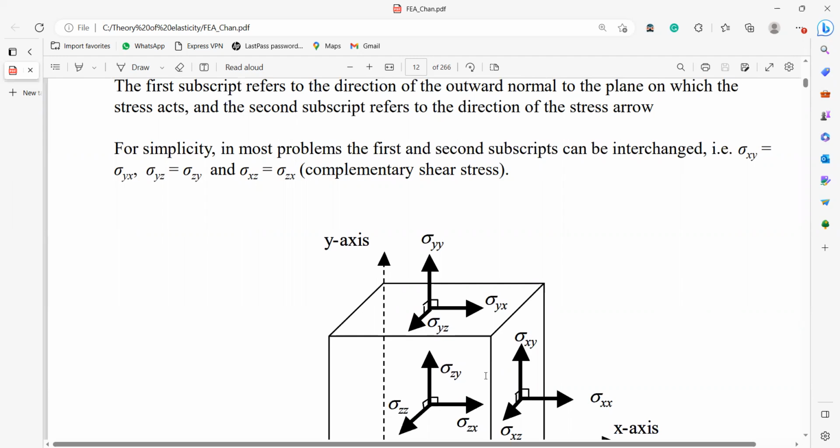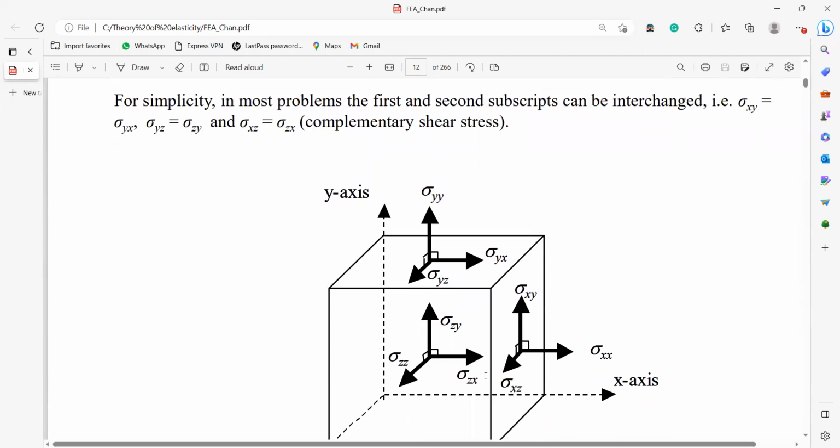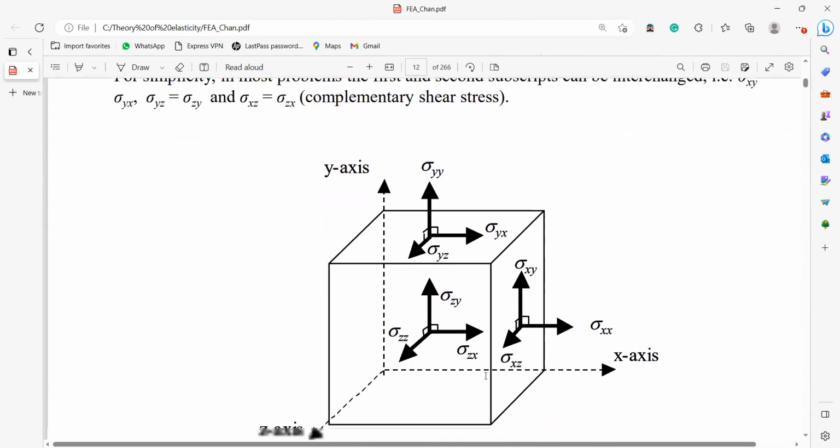For simplicity, in most problems, the first and second subscripts can be interchanged. Sigma xy is equal to sigma yx, sigma yz is equal to sigma zy, sigma xz is equal to sigma zx, the complementary shear stress.